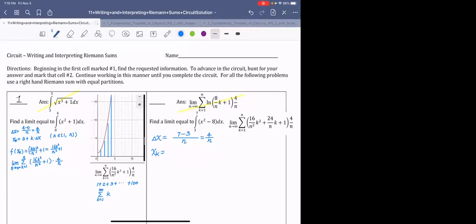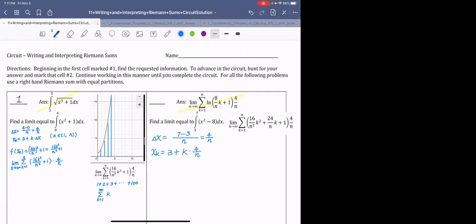So a is 3, because that's your initial value, and then k times 4 over n. Some textbooks don't use k, they use i. It's the same. It's just a subinterval number, an index number, just like the sequence in a series.